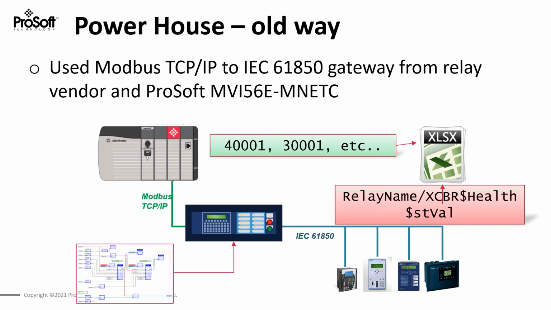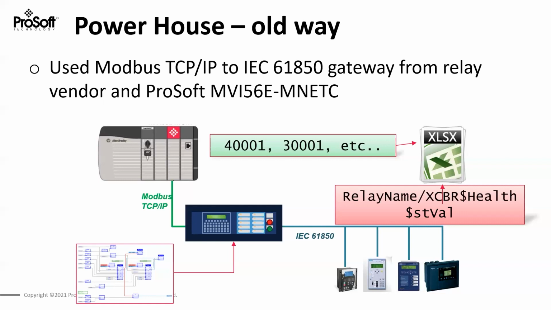They had to program the standalone RTU unit to grab information from 61850 and put that into a Modbus TCP/IP network. Then they would use one of our in-chassis Modbus TCP/IP cards, our MVI5060-MNetC module, to get all this information. And this worked.